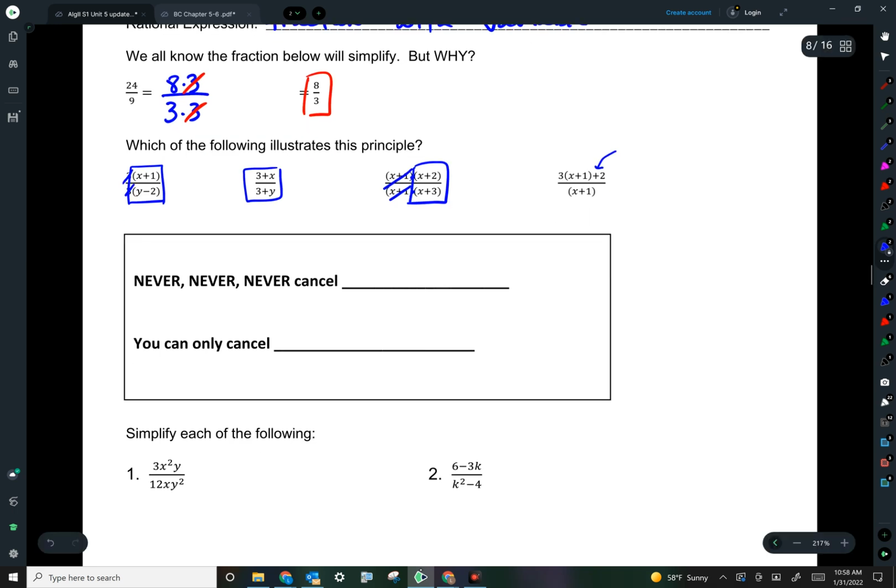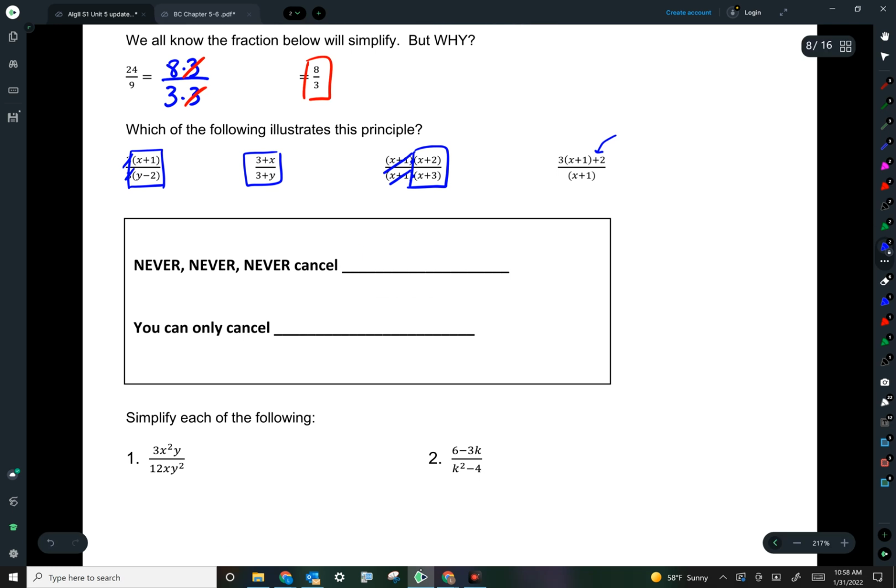So what we say is this: you should never, never, never cancel terms, whereas you can only cancel factors. And it's important to know the difference. Terms are separated by addition or subtraction.